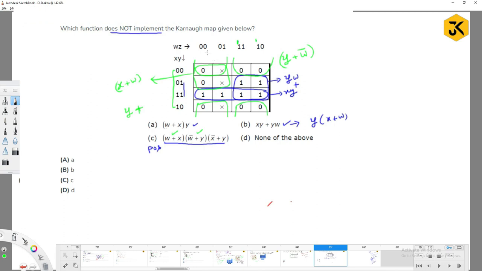So if you observe, w is not changing, right? When w is not changing, I can say that it will be w, and on x-axis, see, you need to cover this term compulsory, right?